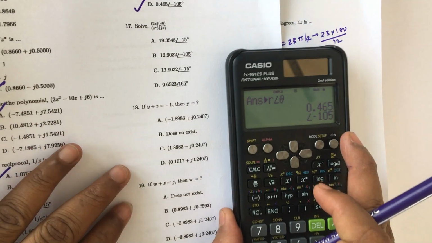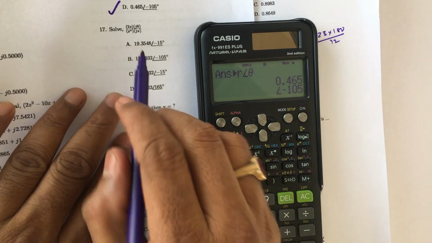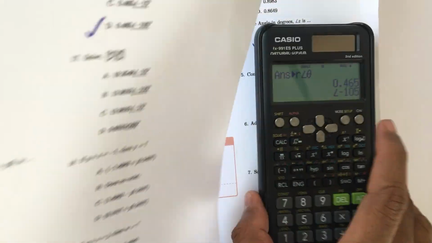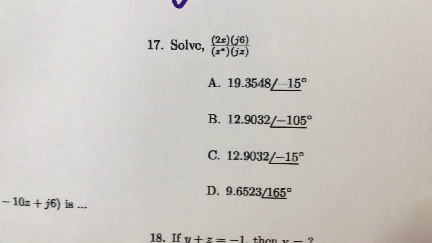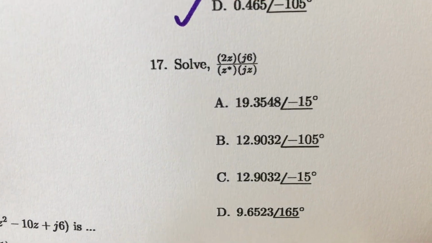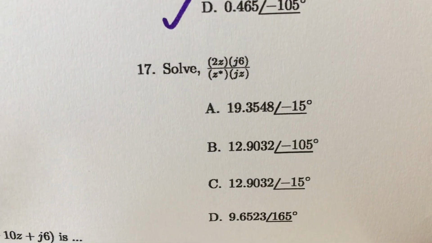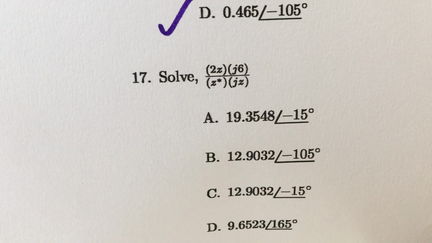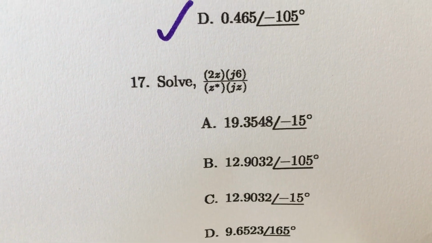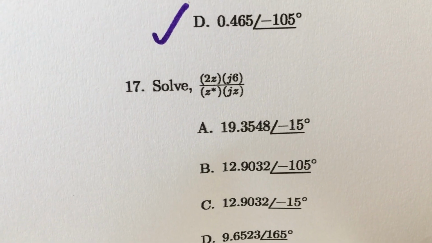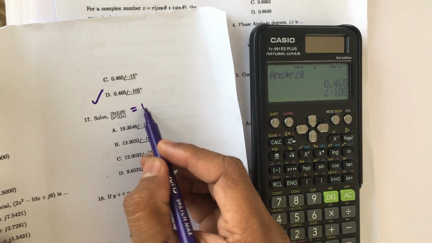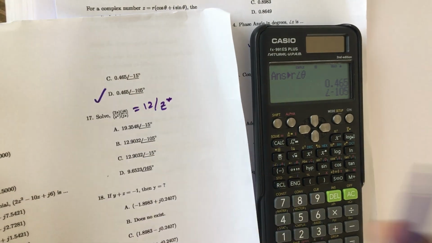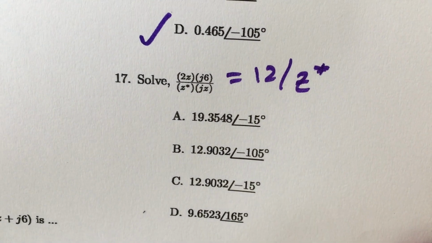Next, the 17th question we are doing. Let me just move it closer to the camera. 17th question: 2z 6j by z star into jz. Here j can be cancelled in the numerator and denominator, z can be cancelled. So it is 6 into 2 in the numerator, so 12 by z star, which is nothing but 12 divided by conjugate of z.